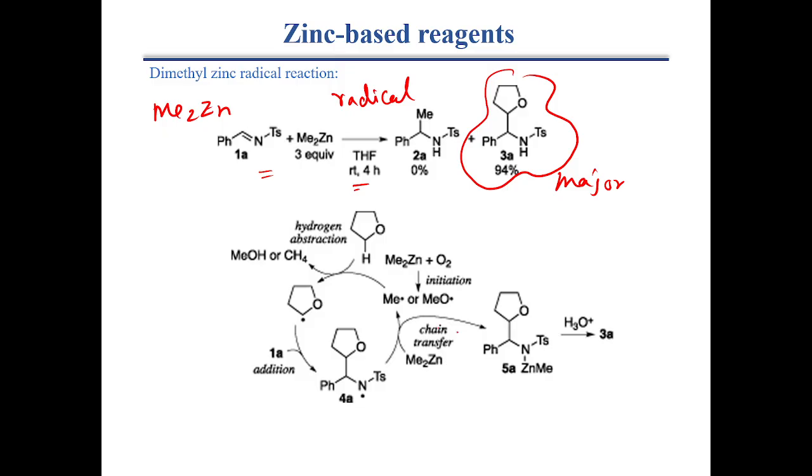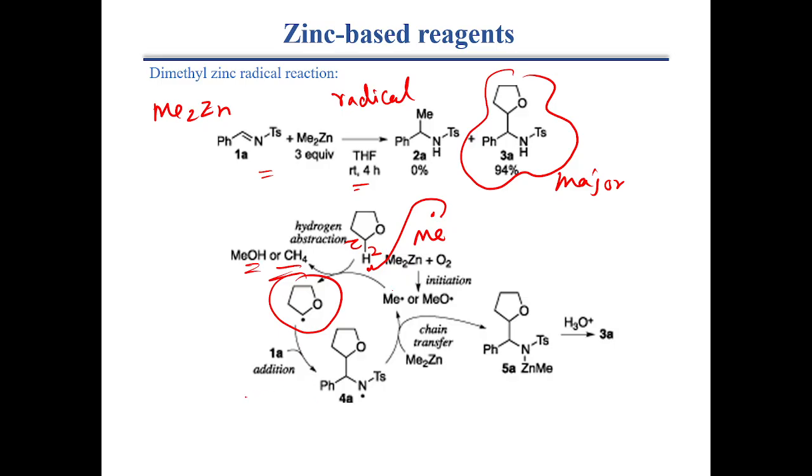First, dimethyl zinc in the presence of oxygen forms a methyl radical. Now this methyl radical reacts with THF, tetrahydrofuran. It abstracts a hydrogen, so the methyl radical and this radical undergo CH4, methane, and methanol formation, and this will form the radical.